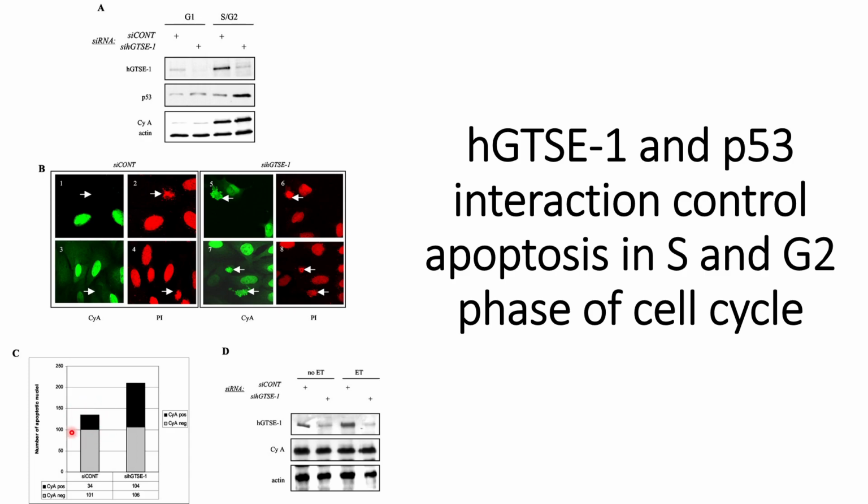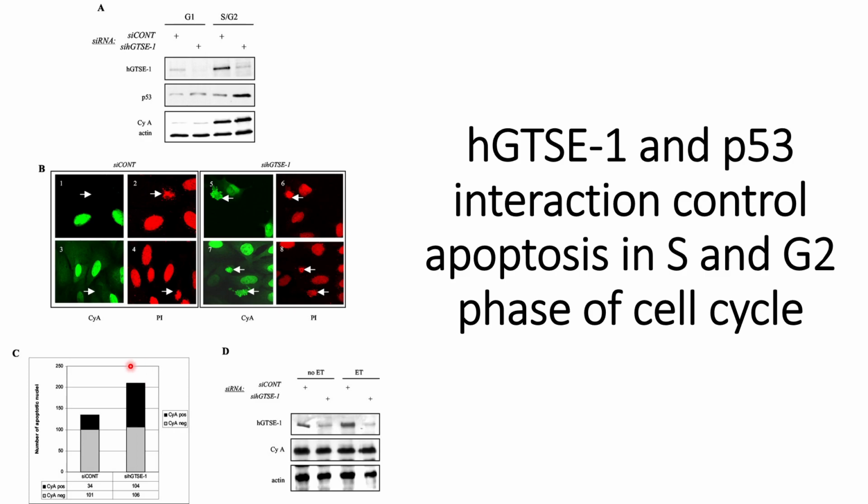In the control condition, where hGTSE is not knocked down, the number of apoptotic cells in S and G2 phase is low, whereas in the second condition, in which hGTSE-1 is knocked down, the number of cyclin A positive cells is higher.